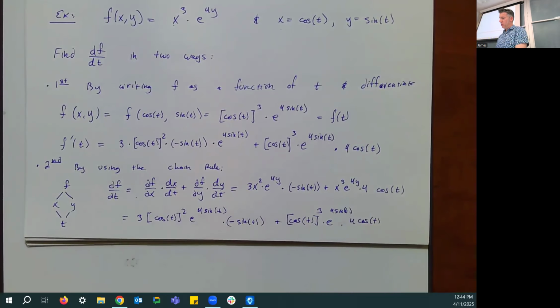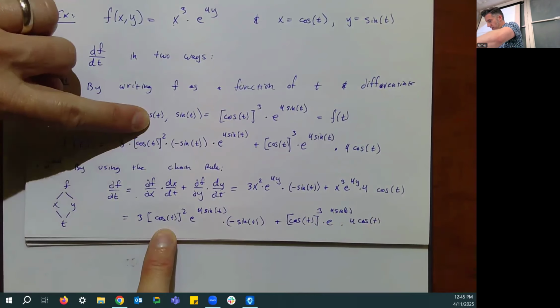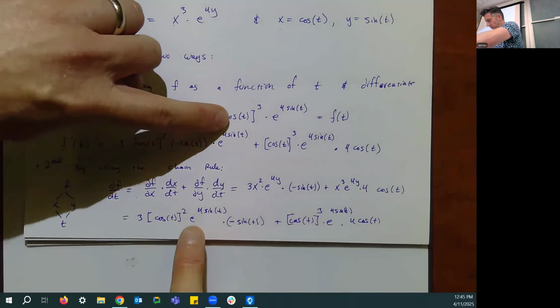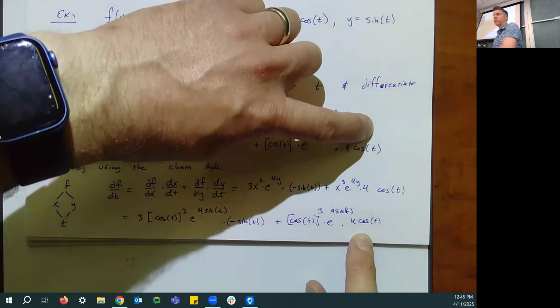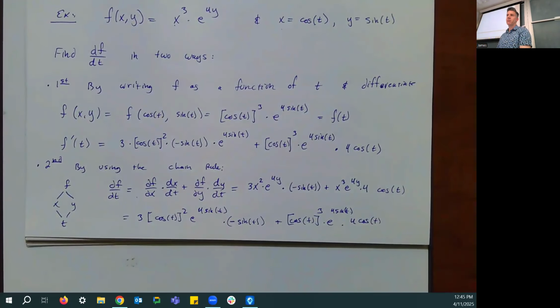Are those the same? You bet. You can look: 3 cosine squared, negative sine, e to the 4 sine; cosine cubed, e to the 4 sine, 4 cosine. Same parts exactly.